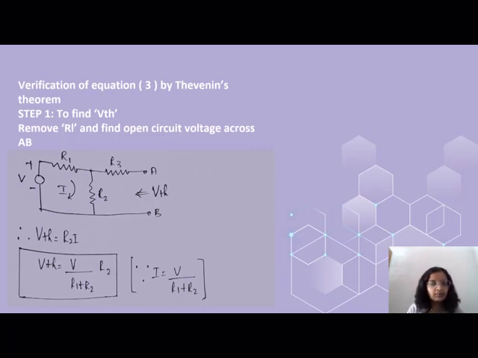Here is the simplified network in order to calculate the Thevenin's voltage. VTH is equal to the voltage across R2. Further, the equation of the current I can be written as V by (R1 plus R2) from the above network. Substituting this equation of current in VTH, we obtain the equation of VTH as V by (R1 plus R2) into R2.